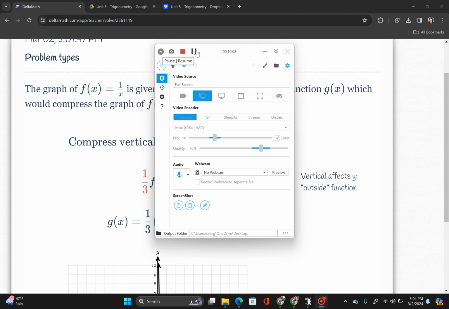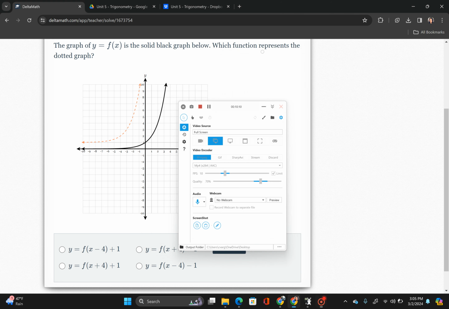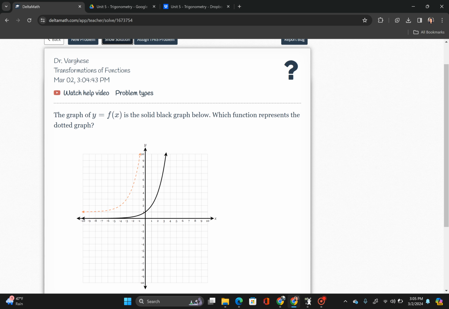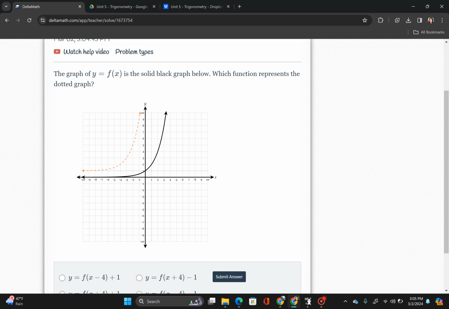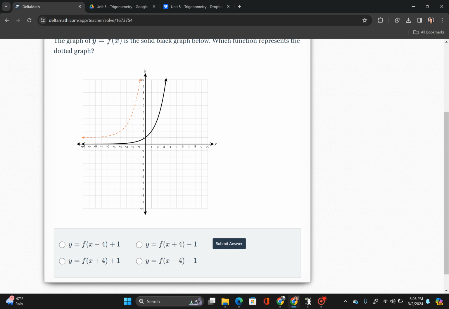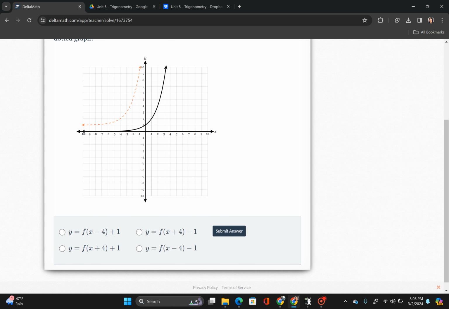But anyway, the last one you're going to do on this end is transformations of functions. So the solid black graph, we're going to see what's happening to it. So what I do for this question is I look at the point (0, 1). So (0, 1) is on the black graph, and I'm going to look and see what happens to that point. So I see it's getting shifted up 1.